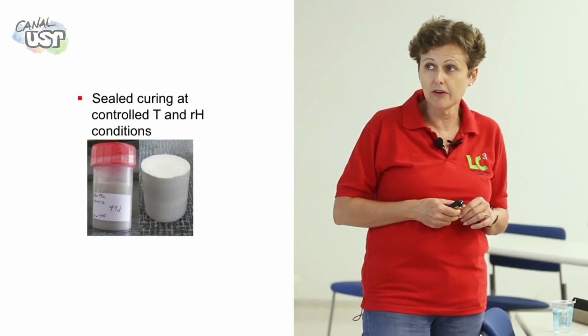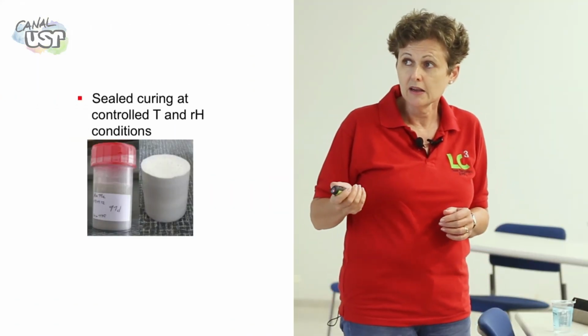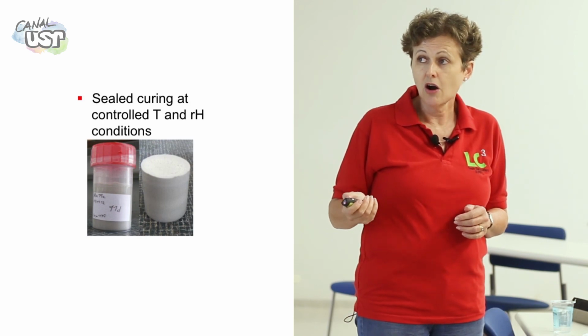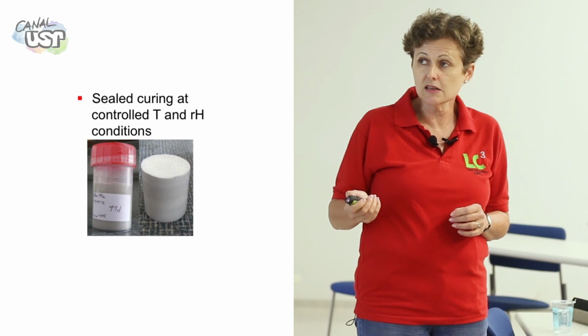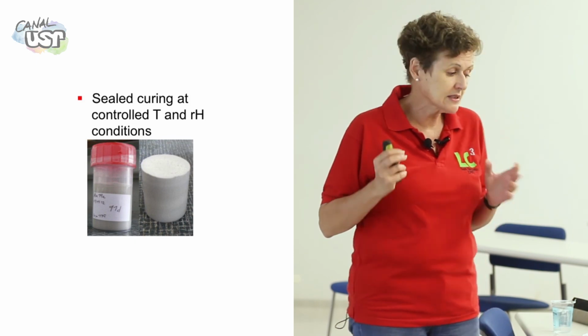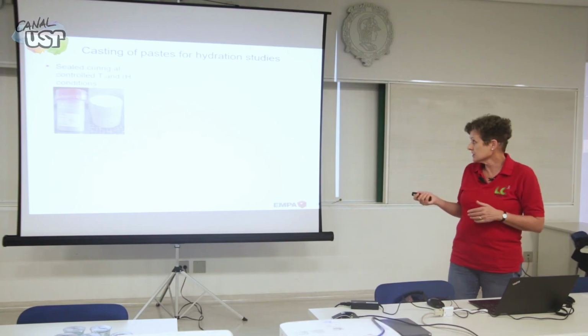So now if we want to cast our paste for hydration studies, this is generally what we're doing at EPFL. We're making these little cylinders of paste. The nice thing about these little cylinders is that the diameter is the same size as we need for X-ray diffraction. And when we come to talk about X-ray diffraction, this means instead of having to prepare a separate sample each time, you can just cut a slice off.